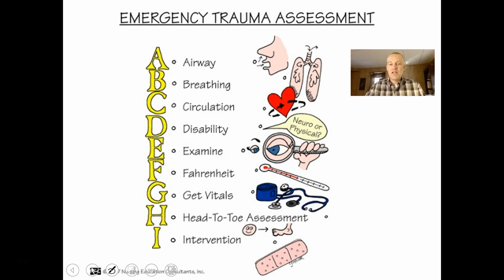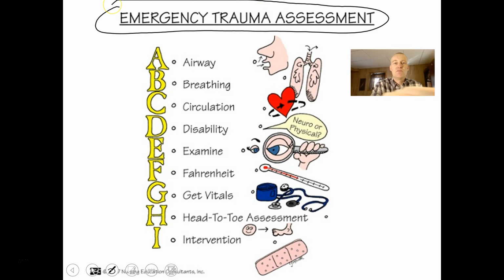My last little thought is that the circulation of blood is really important. If you look at the emergency trauma assessment, many of you will learn this assessment, but when you come up to a person and you are assessing them, you will go through the A, B, C, D, E, F, Gs. A stands for airway, because if a person's not breathing, they are dying. So you look to see if they have an unobstructed airway.